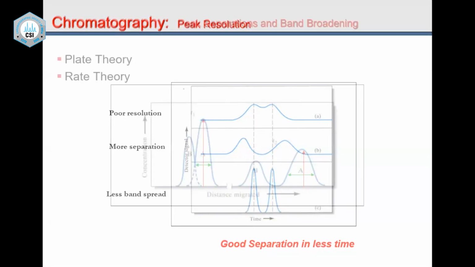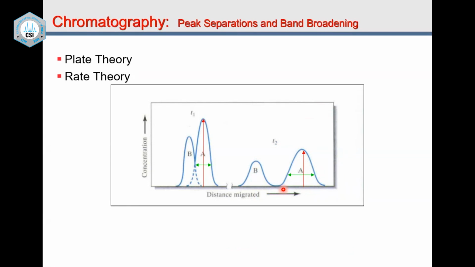This is what happens when the sample is, suppose, introduced here. It starts getting separated. As it travels through the column, as it migrates through the column, the separation starts increasing. So you will see here, B is here, A is here, and finally A will come out, because this is the migration of the sample as it moves.